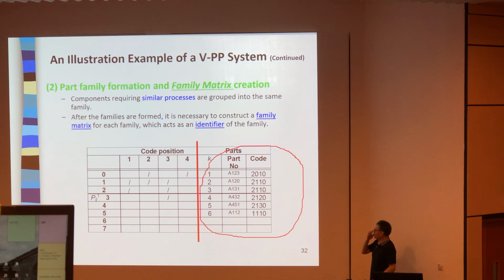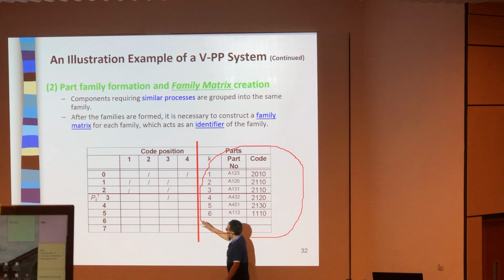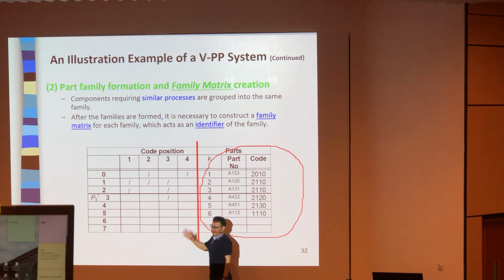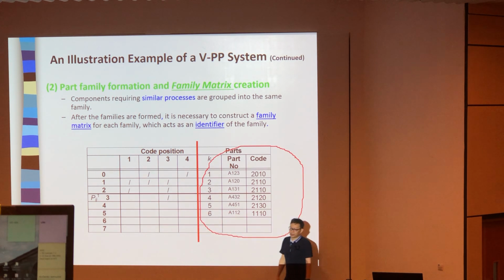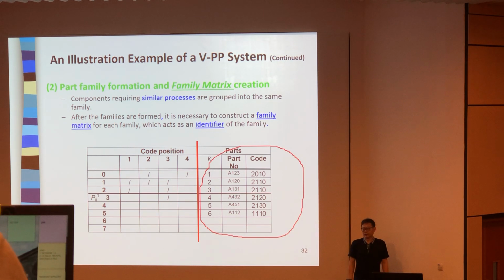Afterwards, for a new part with a code, we match the new code to the entries in the family matrix. If the new part's 4 digits are 100% covered, then the new part belongs to this part family.